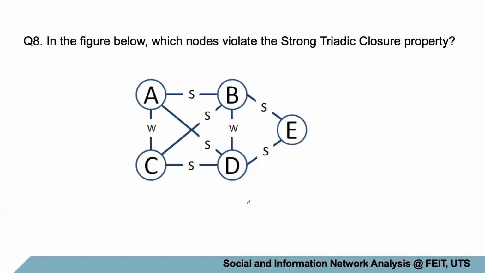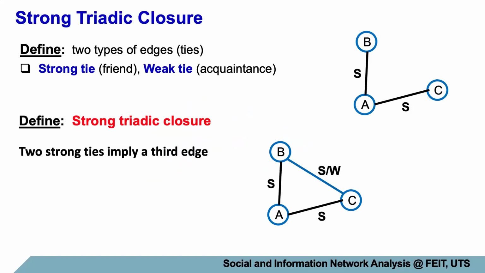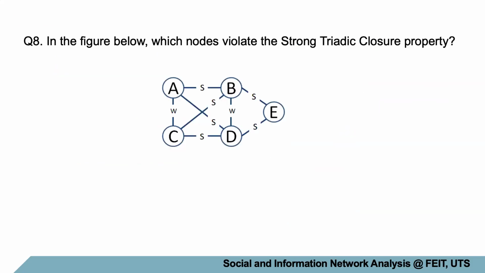Okay, so let's first review the strong triangle closure. The strong triangle closure says two strong ties will imply a third edge. Like here, A has two strong ties, A to B, B to C, then there will be an edge between B and C. So to solve this problem, we just check for each node if they satisfy the property.